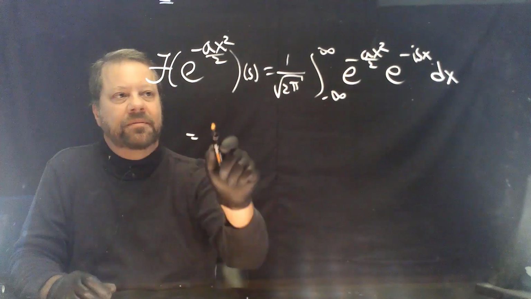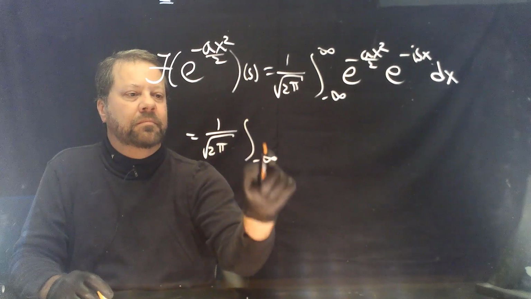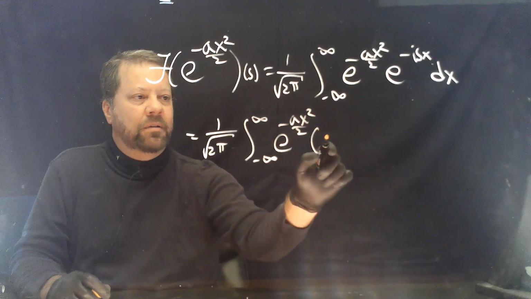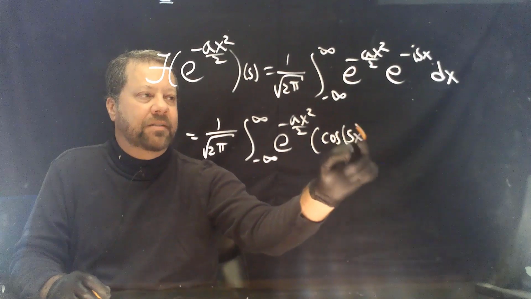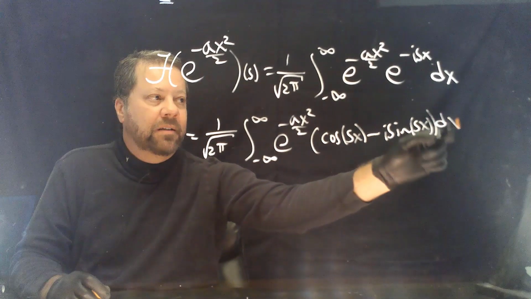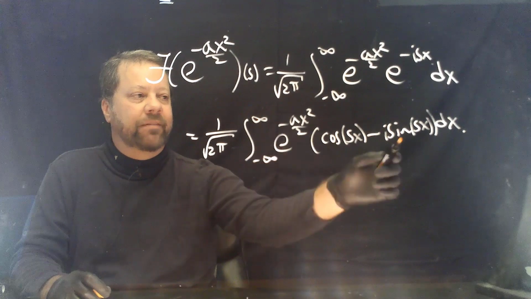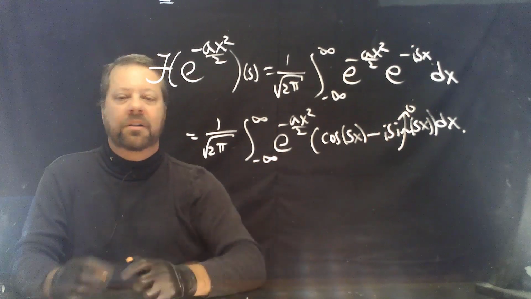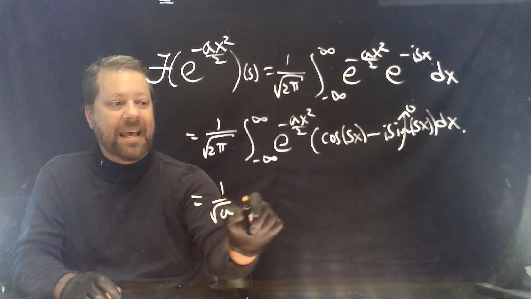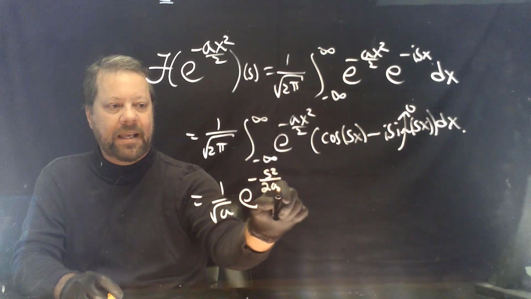Notice that here we'll have the cosine of sx minus i sine of sx dx. This being an even function, this being odd, and integrating from negative a to a, the second term contributes nothing. By hypothesis, this is 1 over the square root of a, e to the minus s squared over 2a.